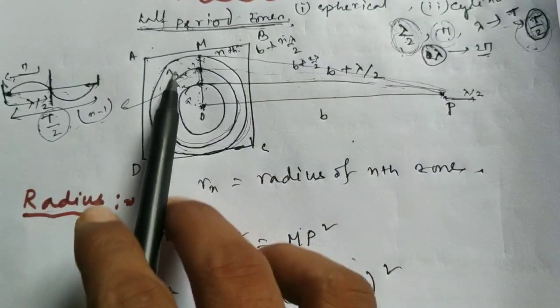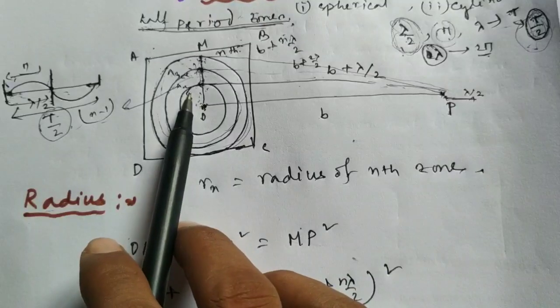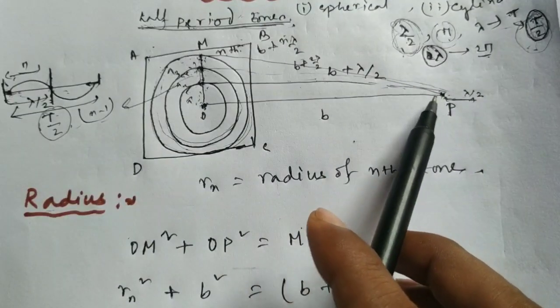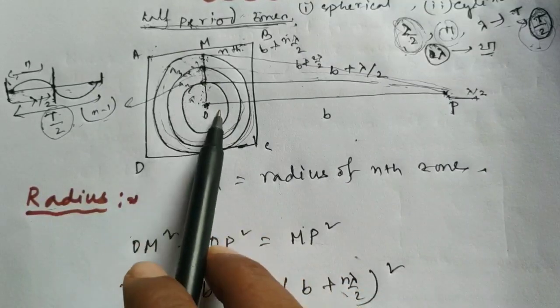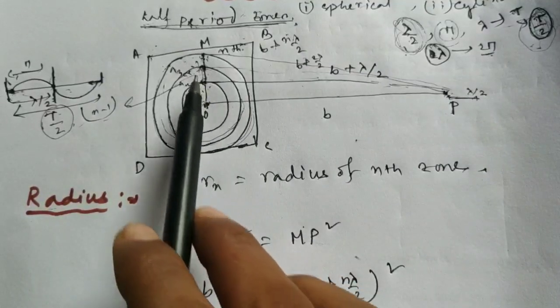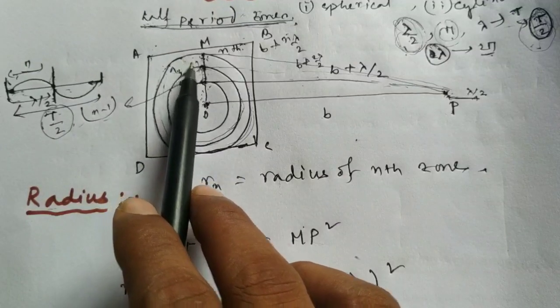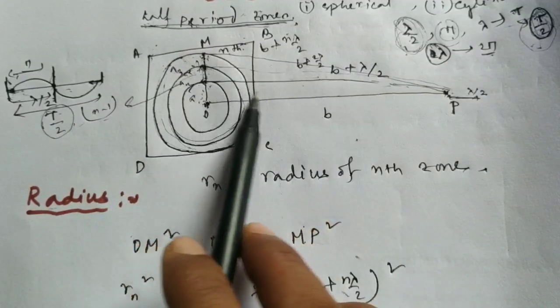Actually, these are the resultant amplitudes at P due to all the wavelets coming from the first, second, third and mth zones respectively.